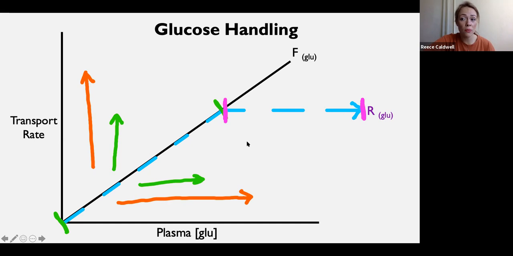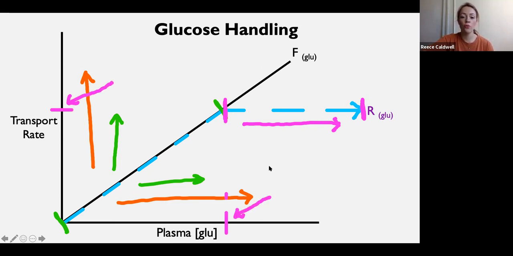We have this plateau where we are no longer reabsorbing all of the glucose we are putting into our blood, which means that we are going to have to get it out of the body in the urine. So even if we add more glucose up here, we are not reabsorbing it.